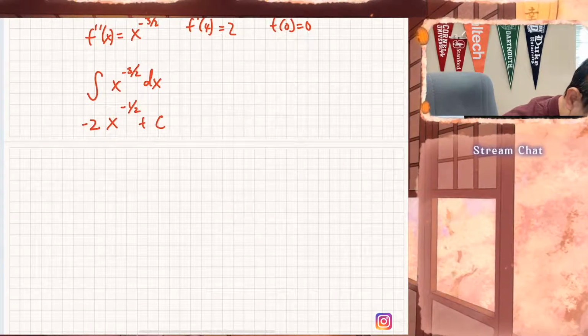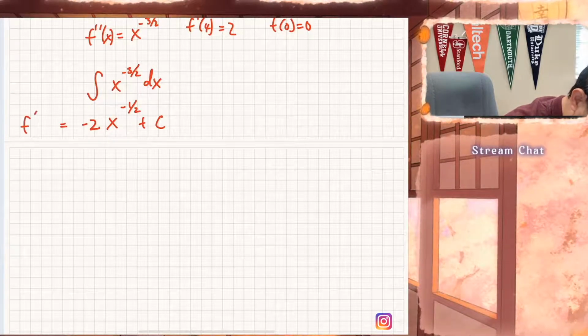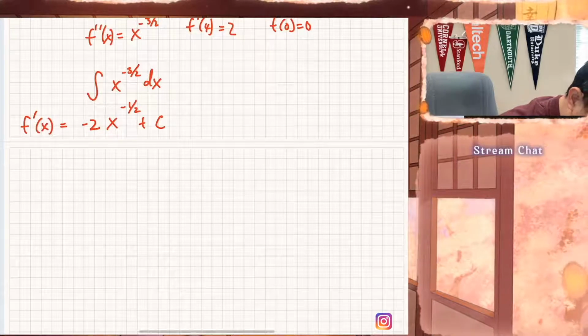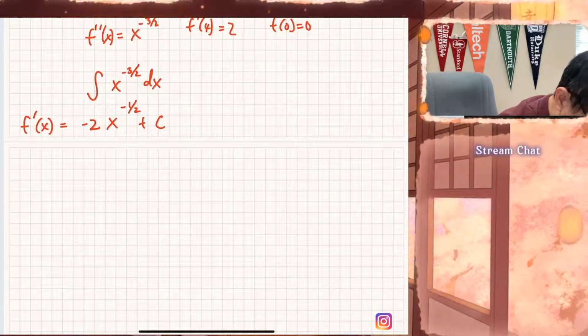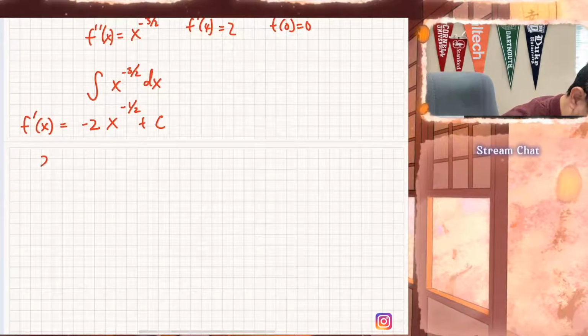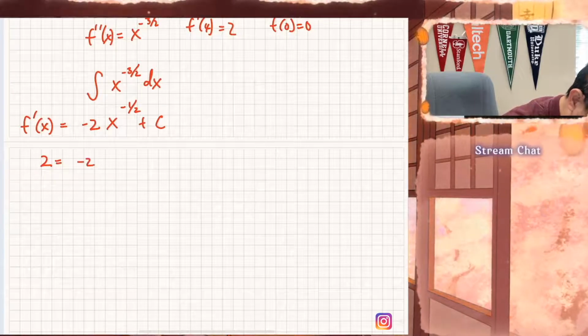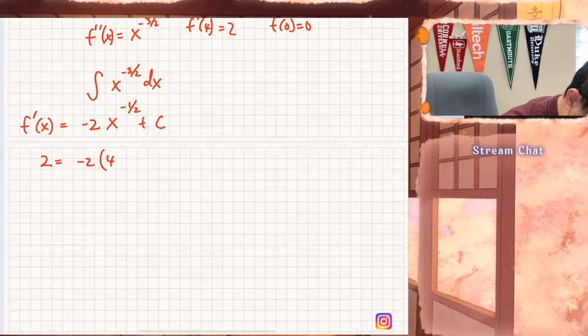Because if you have x to the negative 3 over 2, it's x to the negative 1/2 over negative 1/2, right? Oh, I forgot to flip it. That makes sense.